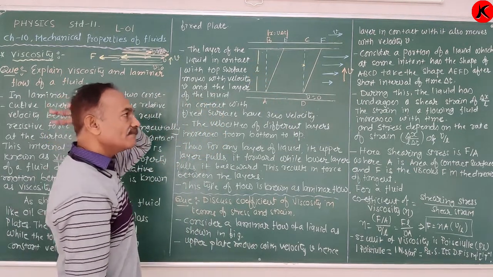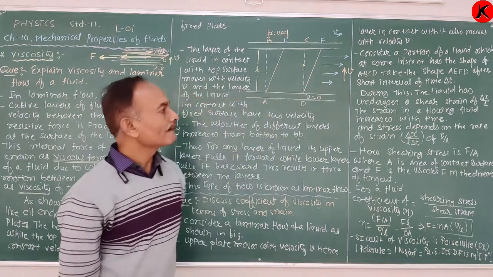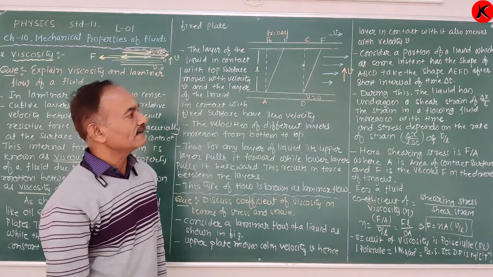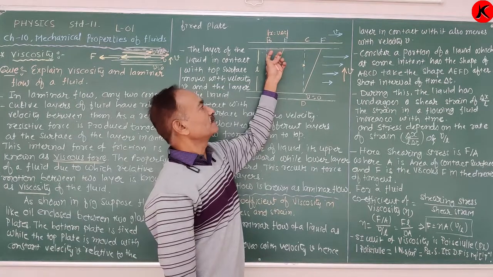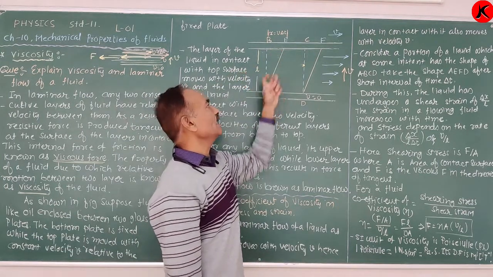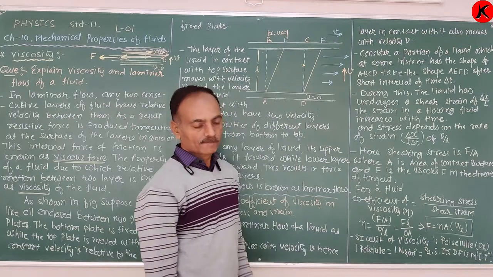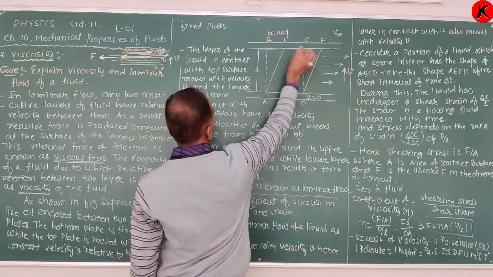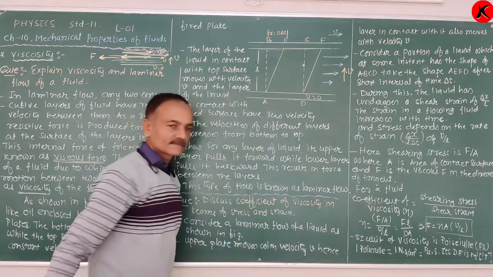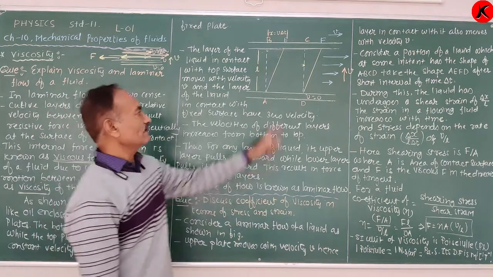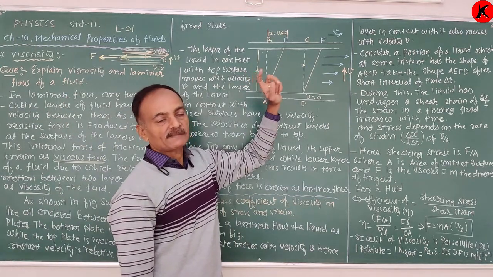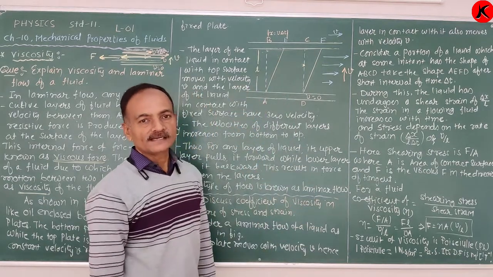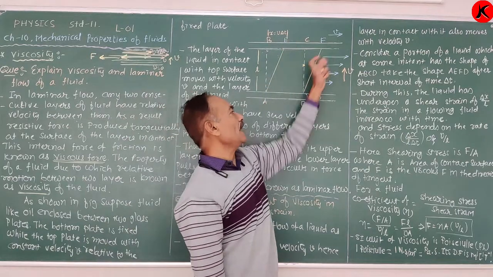After a short time interval delta t, the shape of this fluid portion changes to AEFD. Initially, the shape we consider is ABCD at time t, and after the short interval, at t plus delta t, the fluid takes the new shape AEFD.